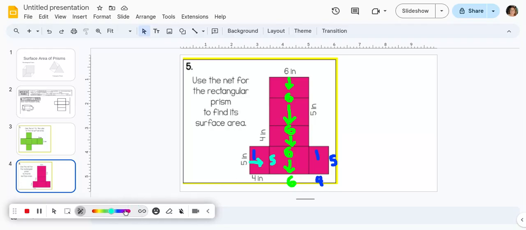Now I also know that this shape and this shape are going to be equal, and that this shape and this shape will be equal. Maybe I should just put a dot and not number it. Let me go back and fix that. I don't want it to get confusing.